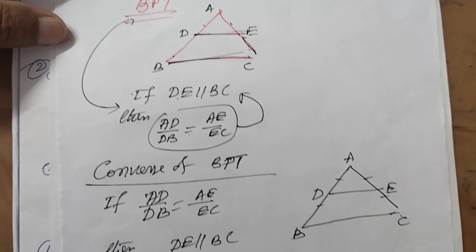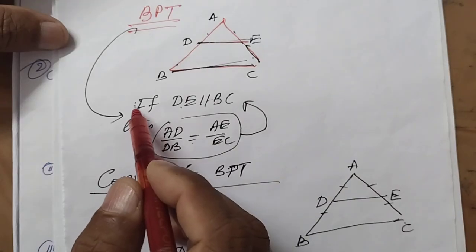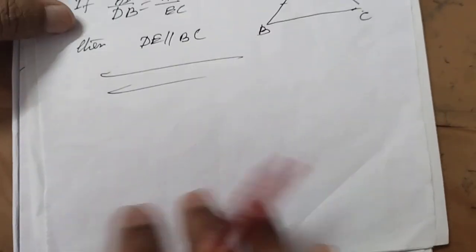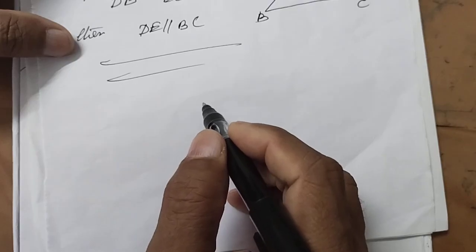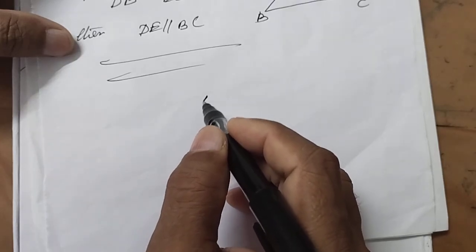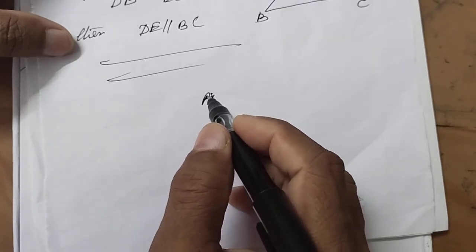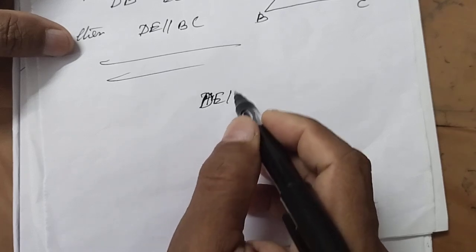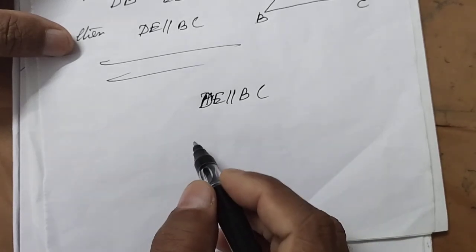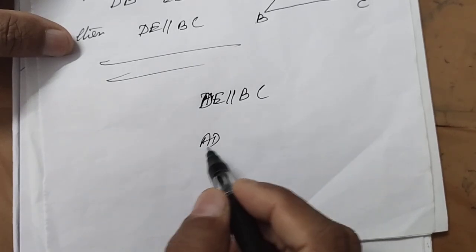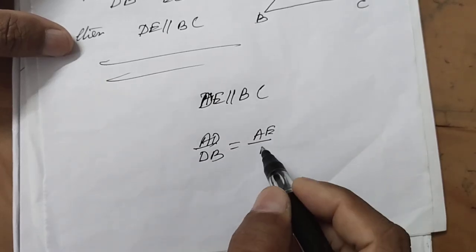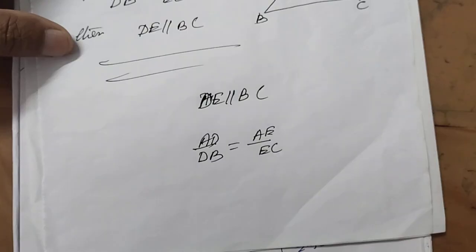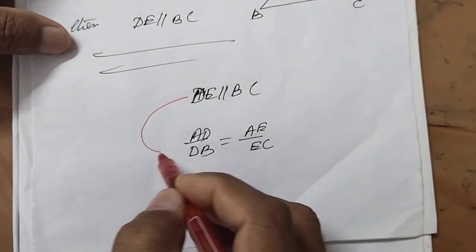So you see the converse. You memorize it like this. I am giving the same diagram statement, writing again: DE parallel to BC, then the ratio is equal, AD by DB is equal to AE by EC. This is BPT.